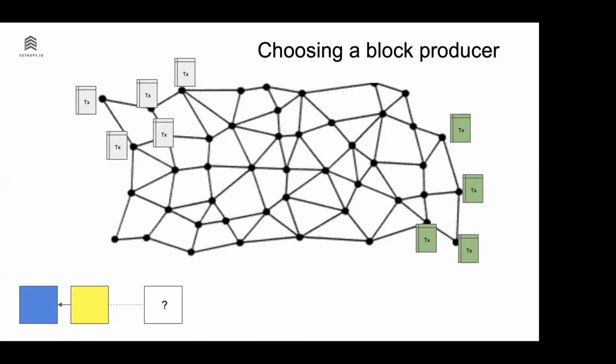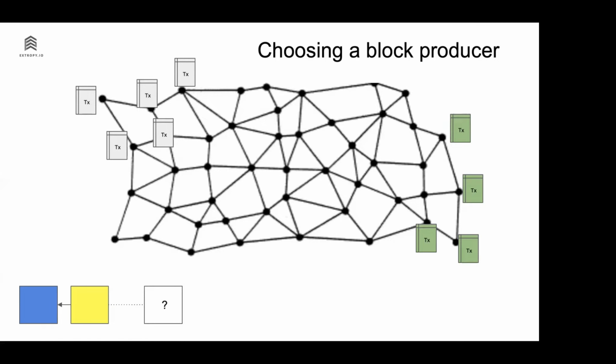If you imagine this network, we could have, say, the gray transaction come into the network at the top left and start to propagate around our network. So the nodes on the top left know about this transaction. Then the green transaction has come into the bottom right of our network, and the nodes on the bottom right know about this transaction.